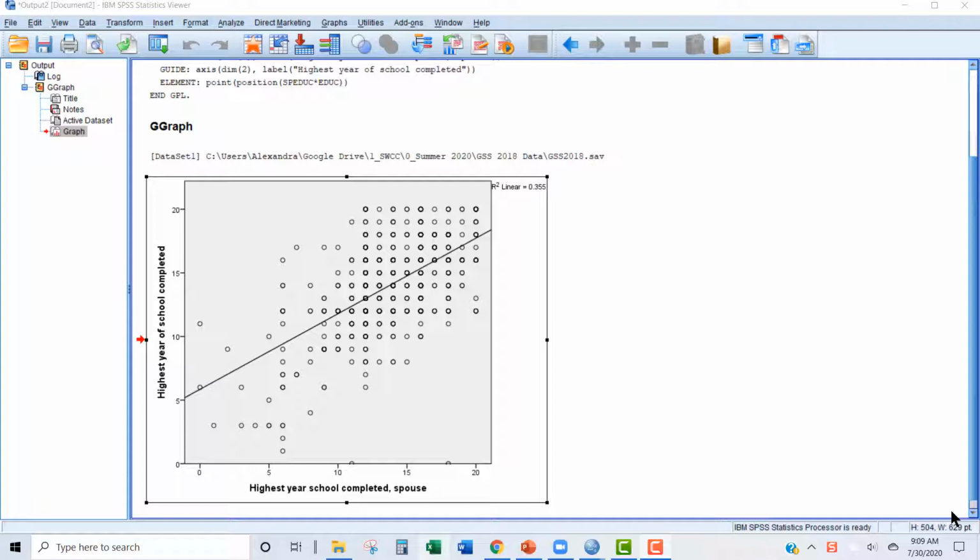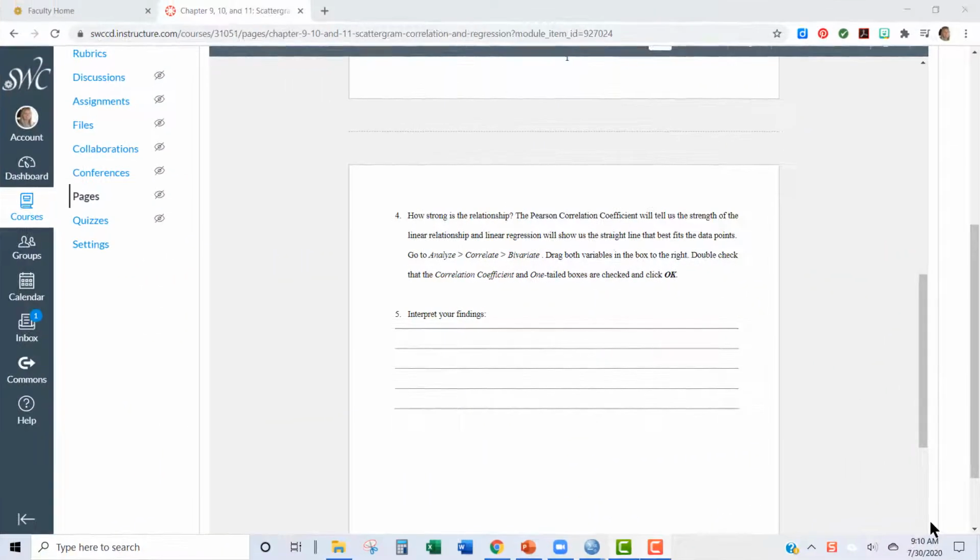But now let's actually look at the values. Again, the scattergram is just to get a quick visual of if our two variables are related with each other. Next, we want to find out how strong is the relationship. And for that, we go to Analyze, Correlate, and Bivariate.